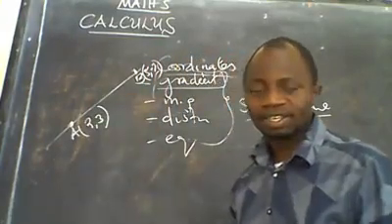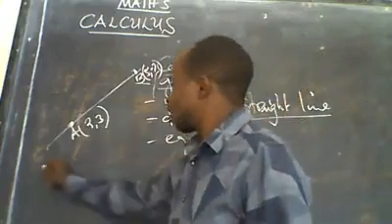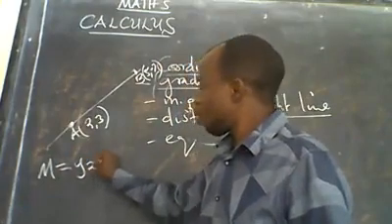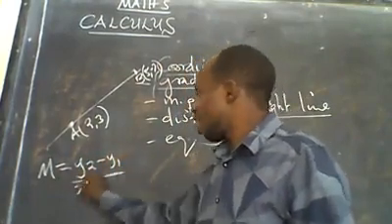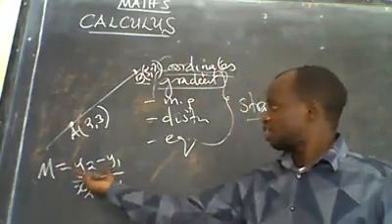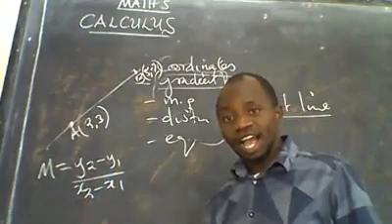Find the gradient. We were able to apply the formula for gradient, m, which is equal to y2 minus y1 over x2 minus x1. Meaning, change in the y-axis over change in the x-axis.